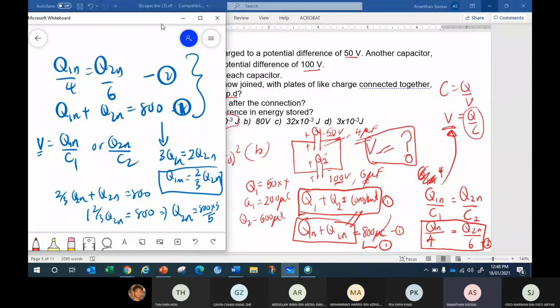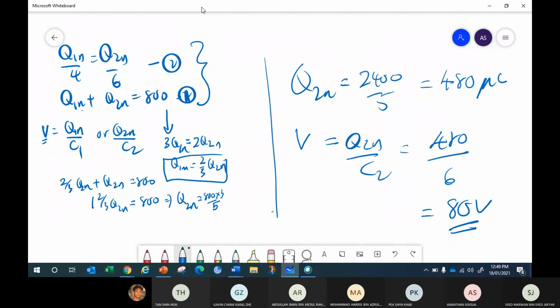The total charge is never changed. But Q1n over C1 must equal Q2n over C2 because the common voltage is the same. So by using these two equations, we work out Q1n, then substitute back in the voltage formula to get the common voltage, 80.